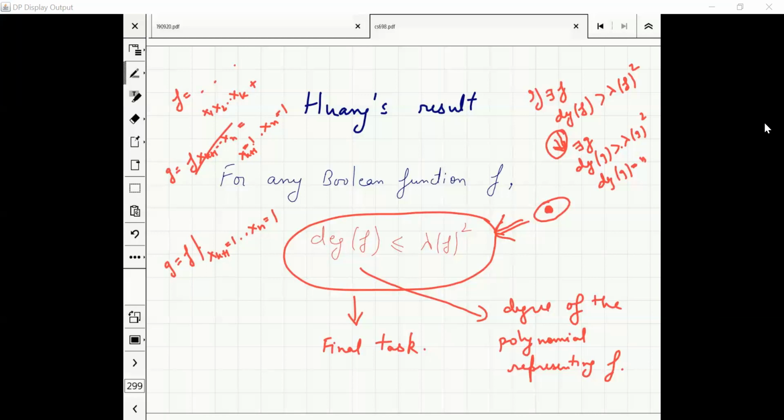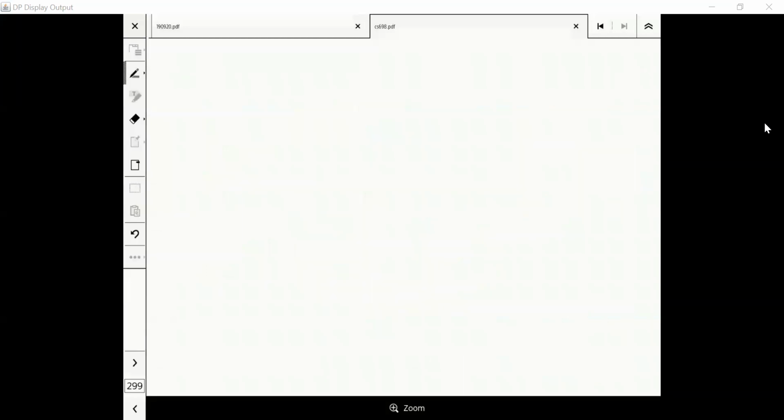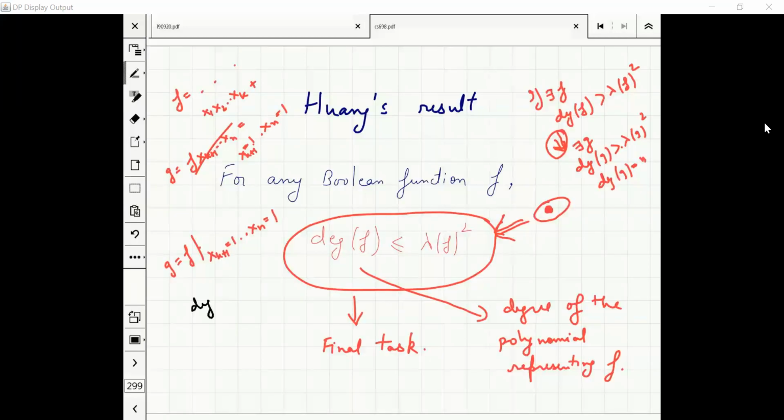So do you see that degree of G is equal to k is equal to number of variables in G? Do you agree? Questions about this?